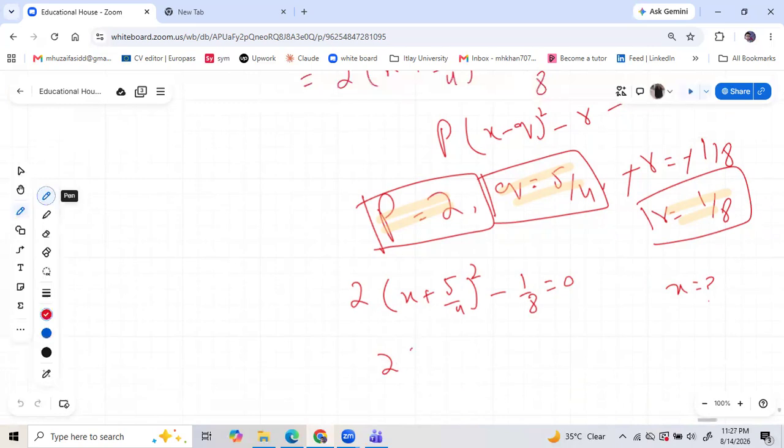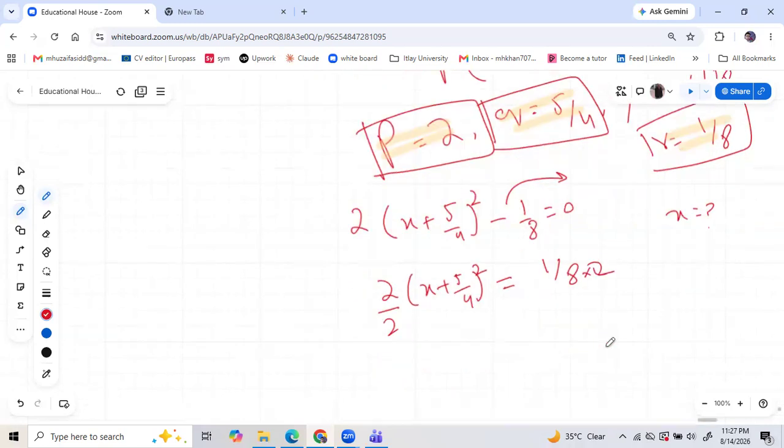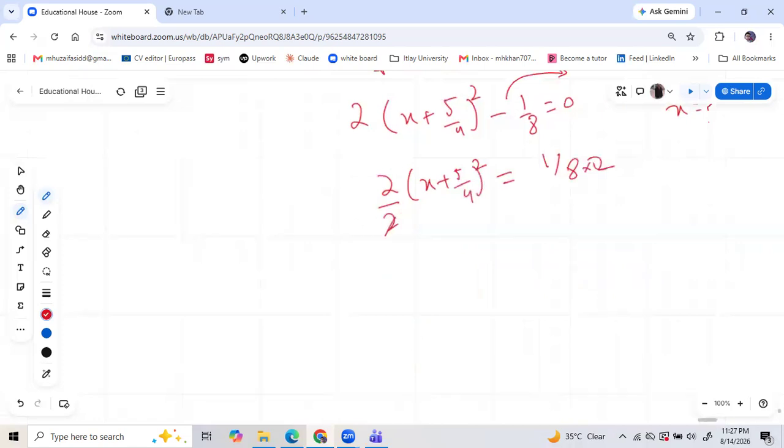So look at it here. This is your 2 into x plus 5 over 4 of square is equal to minus 1 going to the other side. This is positive. So we are dividing the whole side by 2. Here also we are dividing by 2. So this cancels out, and this is x plus 5 over 4 whole square.